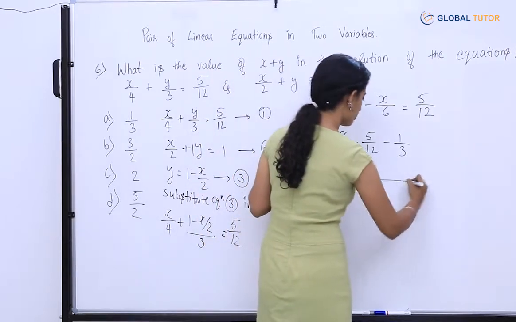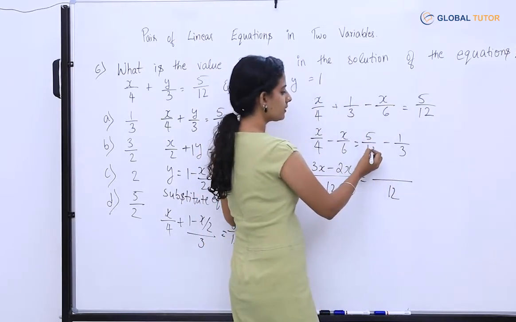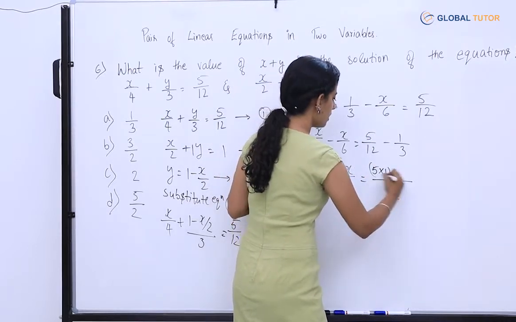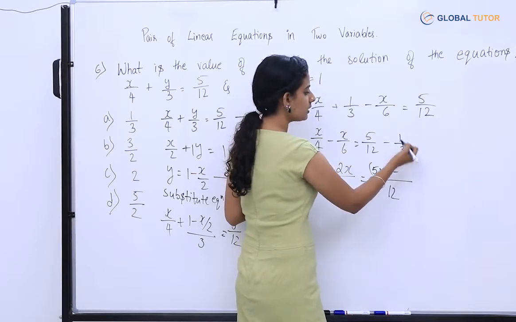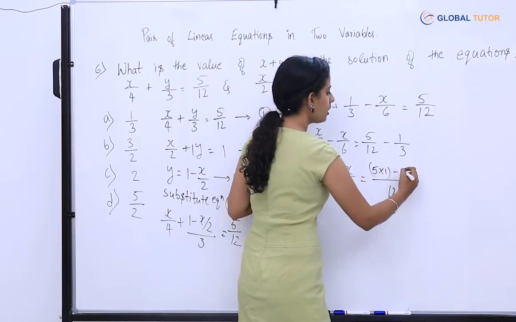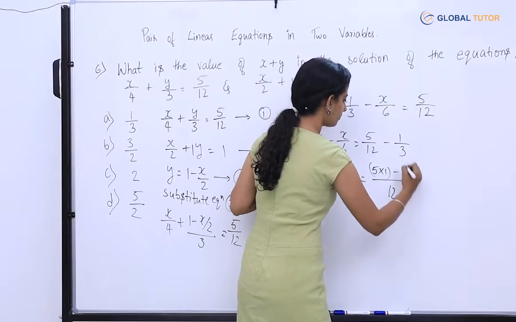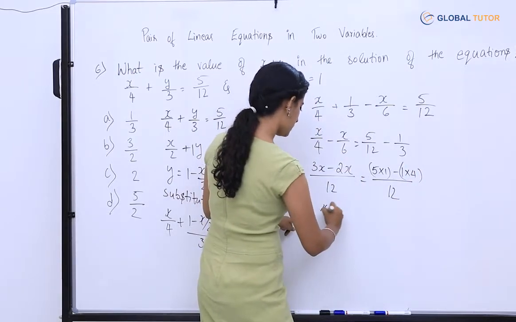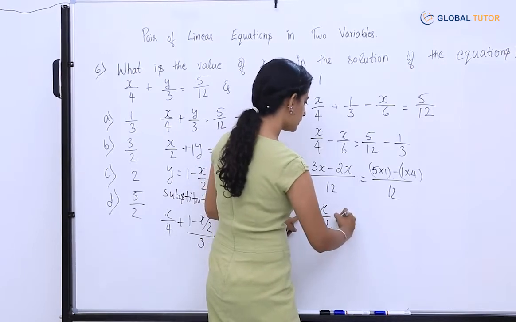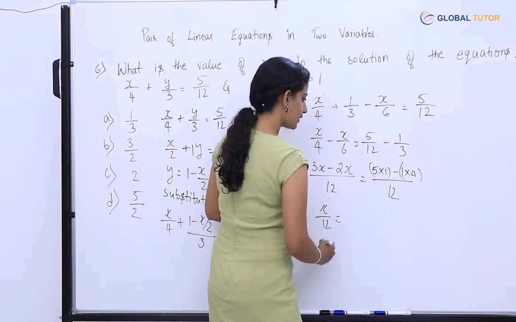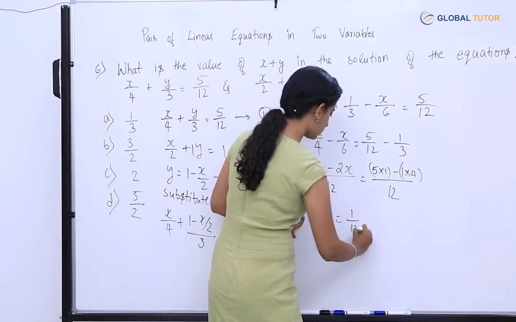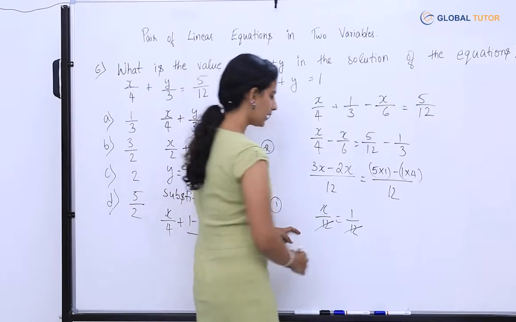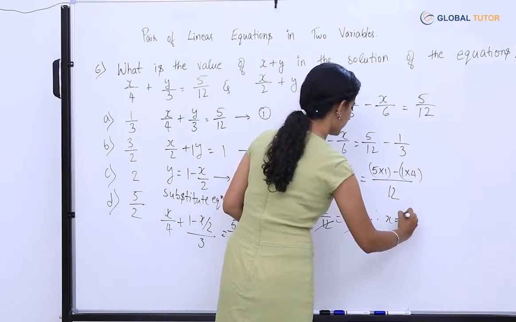So in the denominator we write 12. Here because 12 into 1 is 12, we write 5 into 1 minus, here 3 into 4 is 12, so we write 1 into 4. So this becomes 3x minus 2x is x, so x divided by 12, which is equal to 5 minus 4 is 1, so 1 divided by 12. Both the sides, 12 in the denominator gets cancelled. So we have x is equal to 1.